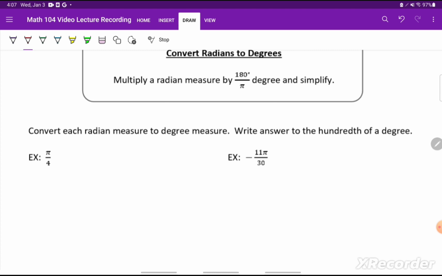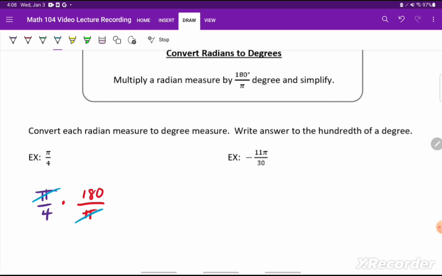Now, sometimes it doesn't simplify out perfectly. We might have to round our answer, and we'll do so to the hundredth of a degree. So pi over 4. We're going to multiply that by 180 over pi. Since we're multiplying fractions, we can simplify first by cross-canceling.